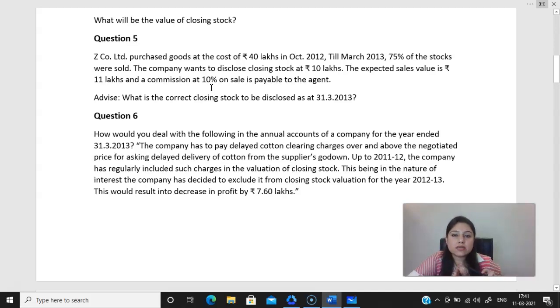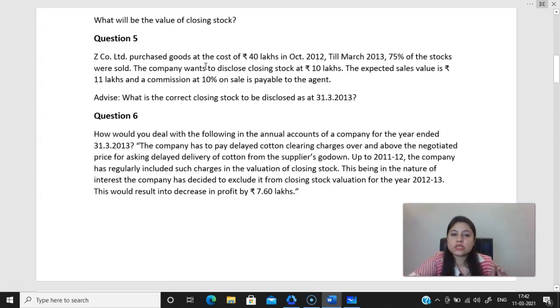So we would be deducting this 10%, because this commission is payable to the agent. We will be deducting this amount from the sales value, which will then give us the value of the NRV. And if such NRV is less than the cost, that is 10 lakhs, then the correct closing stock would be the NRV instead of showing that stock at rupees 10 lakhs.